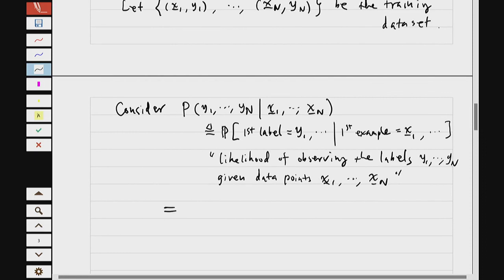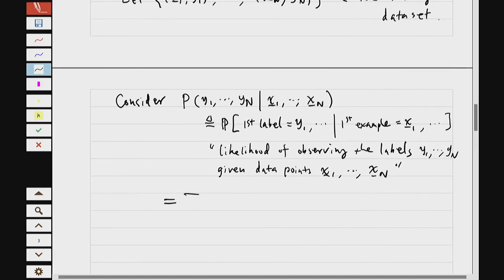So first of all, this is a joint probability, right? If we can assume that these data points are independent of each other and identically distributed, then I can write this as a product of those conditional probabilities. And this is the usual assumption anyways. When we're given the training data points, we assume that they are identically distributed and independently generated. So the product of P(yn given xn).